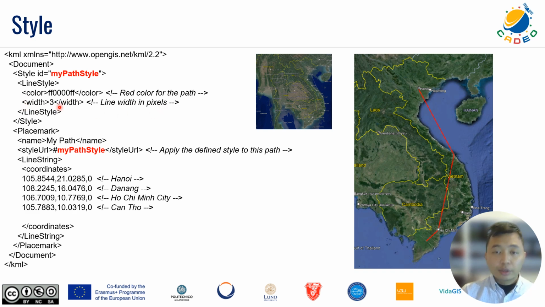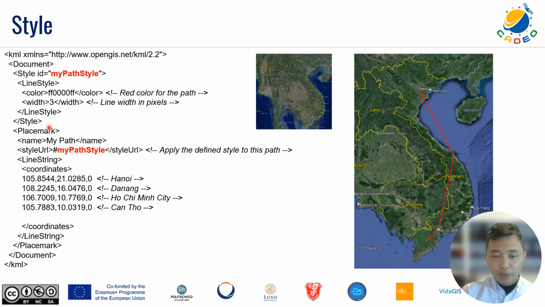So I write a closing tag for the LineStyle, and after that I write a closing tag for the Style. So now I finalize my style named my bus style.